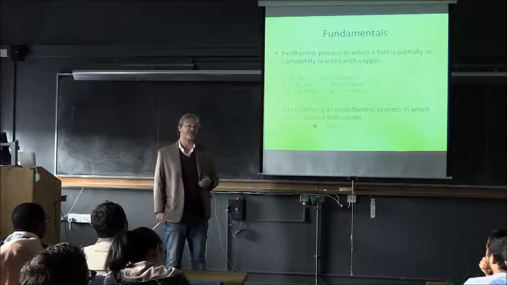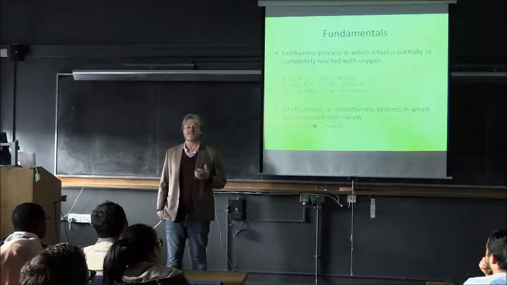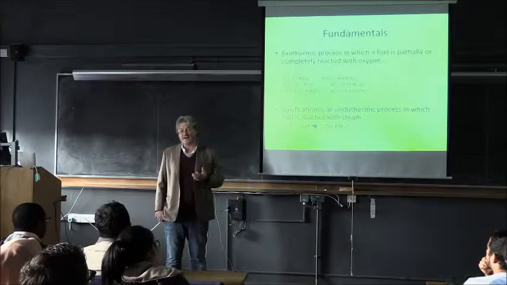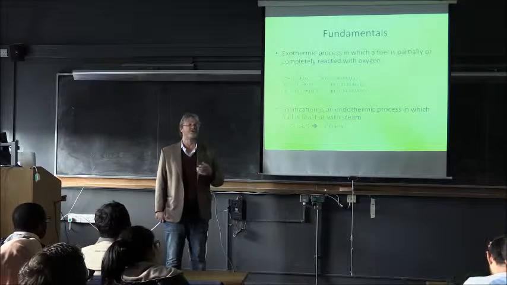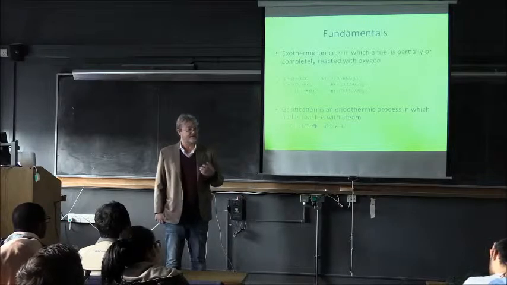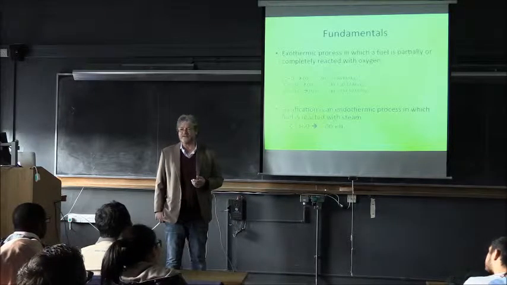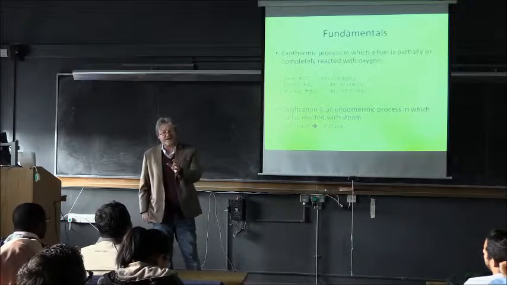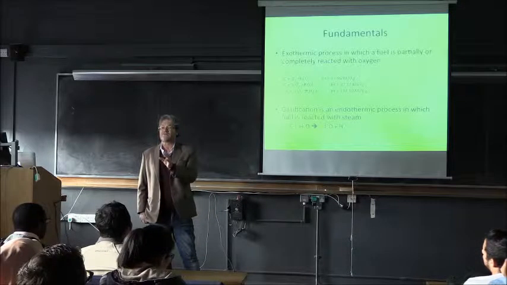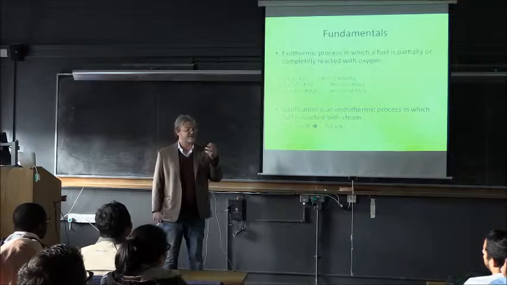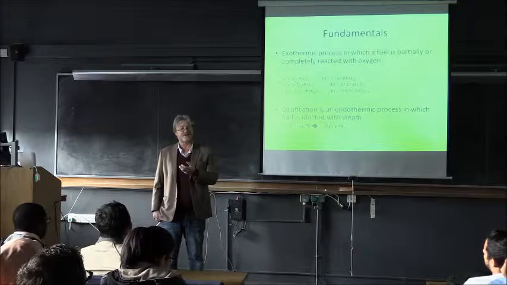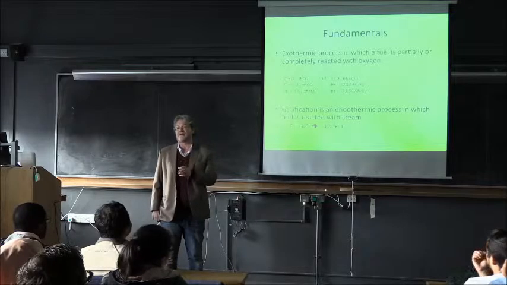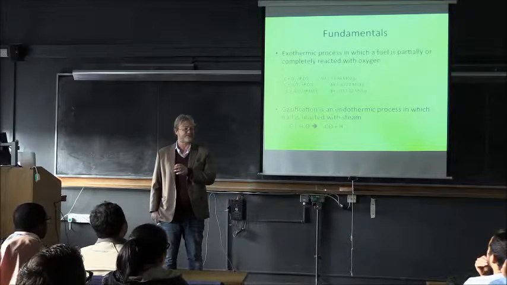Of course, oxygen is only about 23% of air, so once you know the oxygen requirement, you can calculate the amount of air that you will need to combust the fuel completely. And then when we have a certain amount of fuel, we've calculated the amount of oxygen that we need precisely. If you mix the fuel and the air in that ratio, that is called the stoichiometric amount of air that you need for combustion.